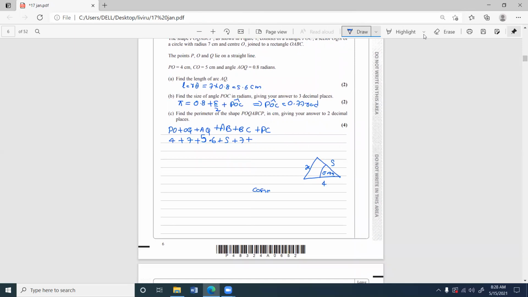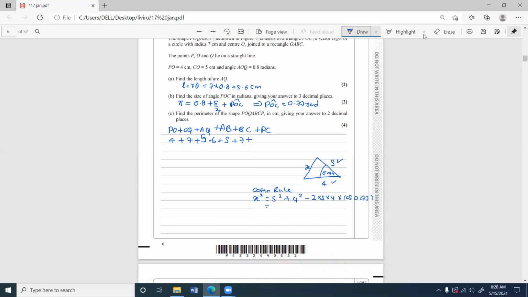So according to the cosine rule, x squared equals 5 squared plus 4 squared minus 2 times 5 times 4 times cos of the angle between these two, 0.77.